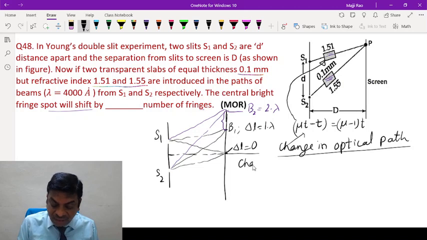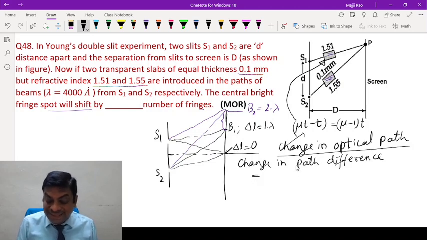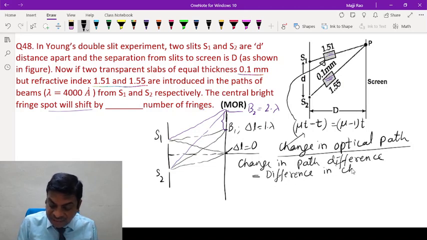So, change in path difference is nothing but the difference in the changes incurred in optical paths of the two waves.